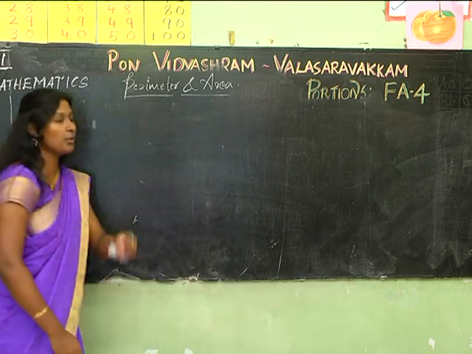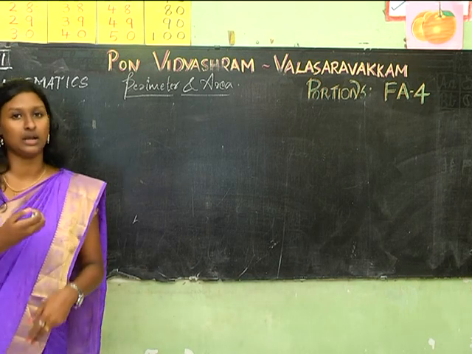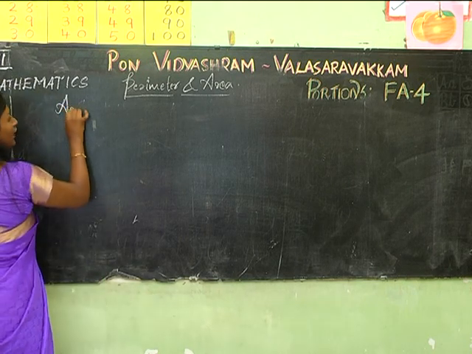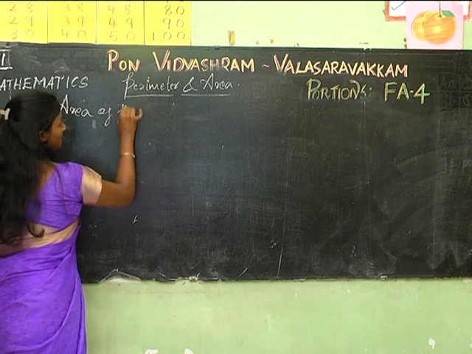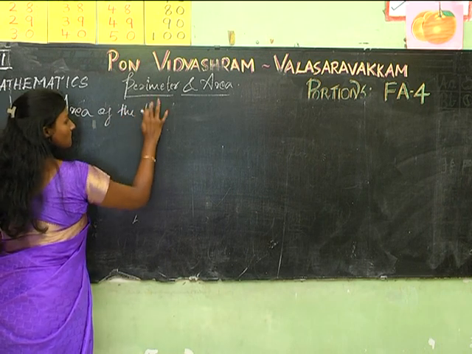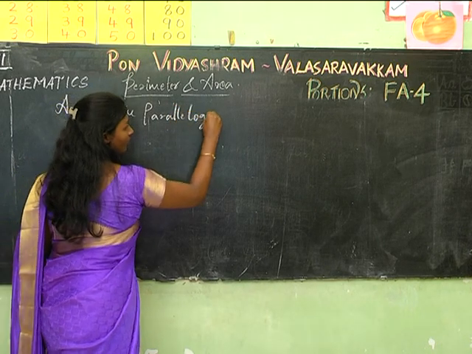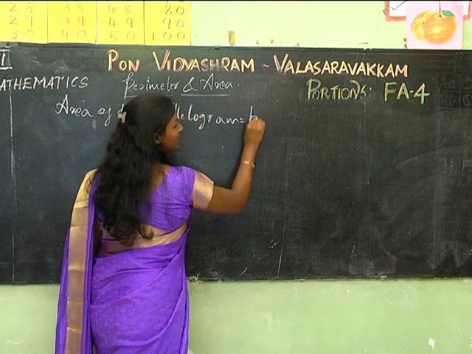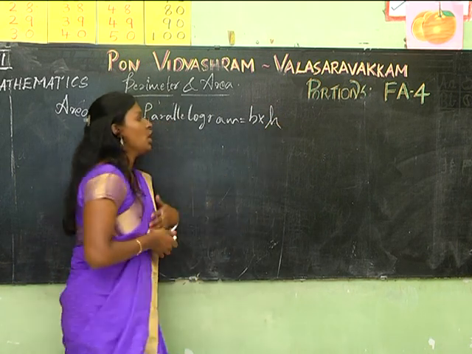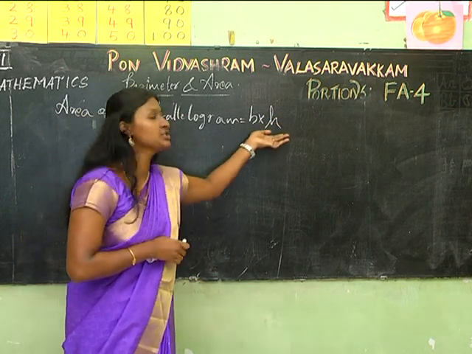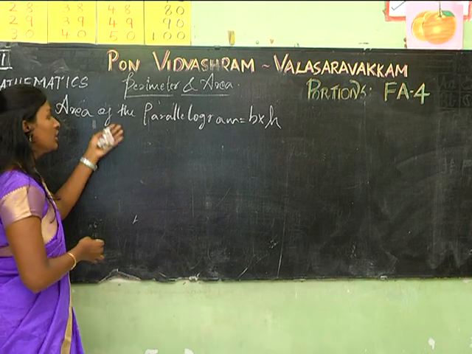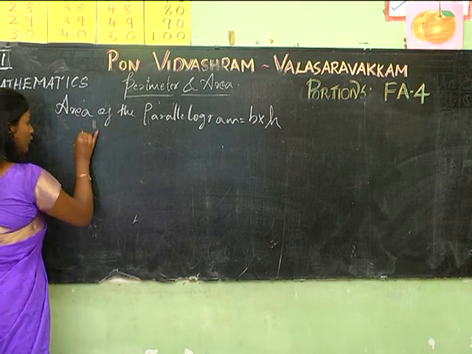Next we are going to talk about the area of the parallelogram. So let me write the area of the parallelogram, which is nothing but base into height, where B refers to the base and H refers to the height. Let me do a problem in order to use the area of the parallelogram formula.